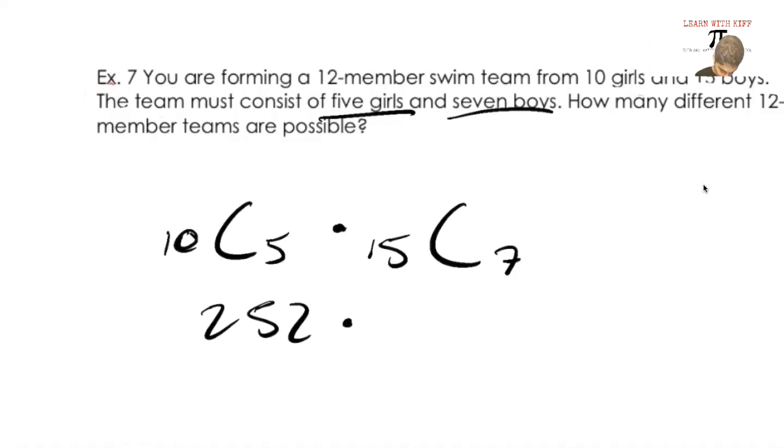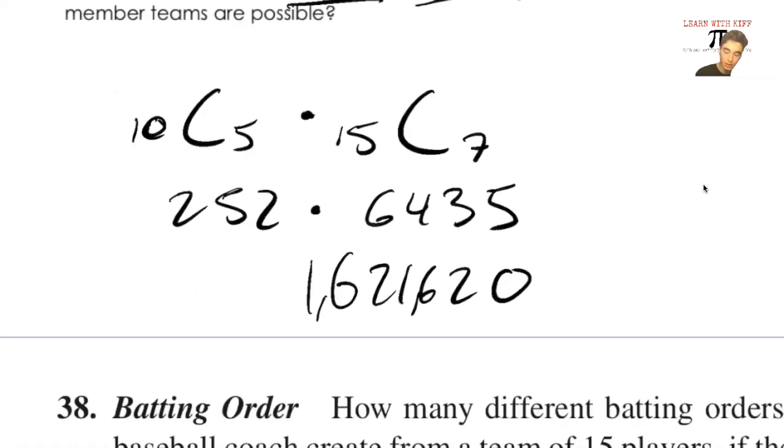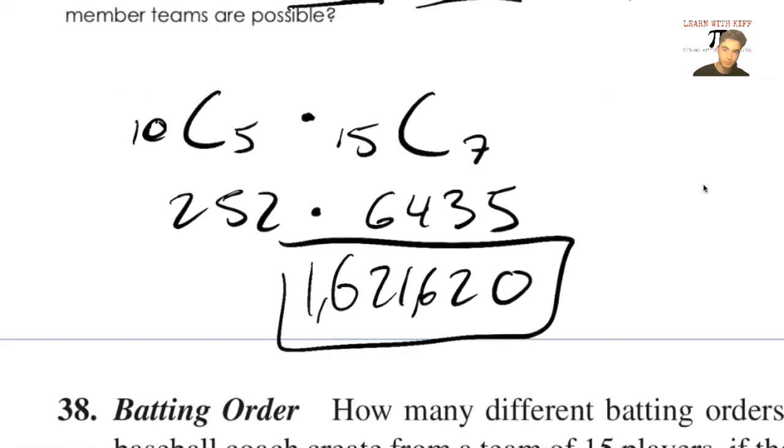Then combination, and then 15, 7, which is 6,435. 252 times 6,435 equals 1,621,620. So that's how you do that kind of a little bit more complex combination problem.